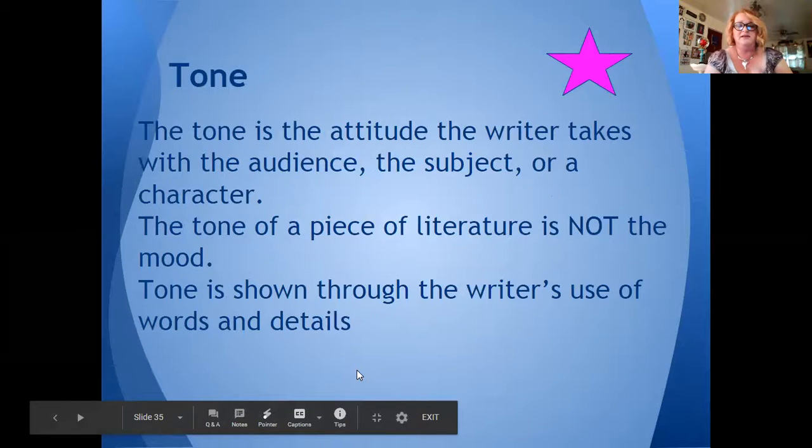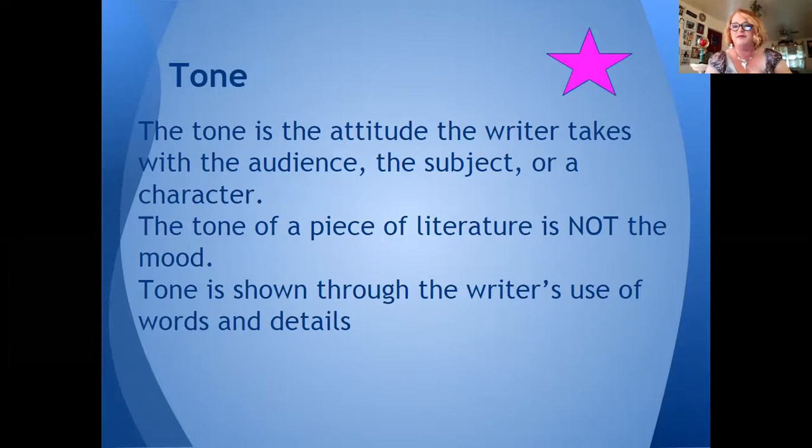The tone is like the attitude. All right, so it's not the mood. This is really hard. This is where it gets really difficult to separate the two, you know? Like the mood can be scary, but the tone is not always the same, okay?